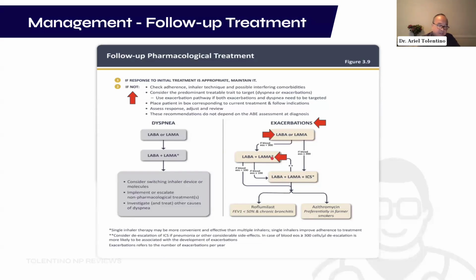You have to add a LAMA, which is, of course, your tiotropium, your long-acting muscarinic antagonist. You will be ending up with dual therapy, a long-acting beta agonist in the form of formoterol, and a long-acting muscarinic antagonist in the form of tiotropium. That's the reason why we have to add tiotropium. And also, again, please consider your eosinophil count.